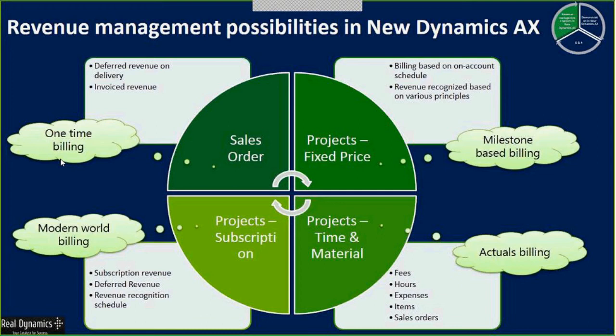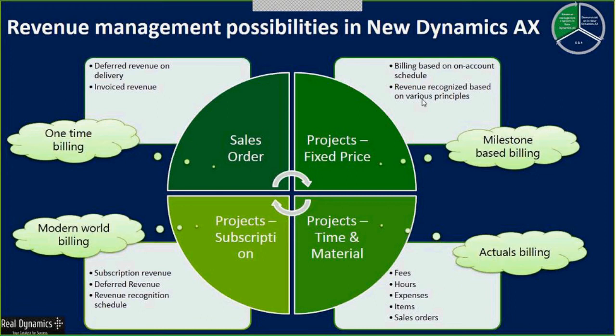On the other hand, for customer billing, you can use projects. For projects, the two customer-facing billing project types are fixed price and time and material. For fixed price, the billing is primarily based on the on-account schedule that is prepared.